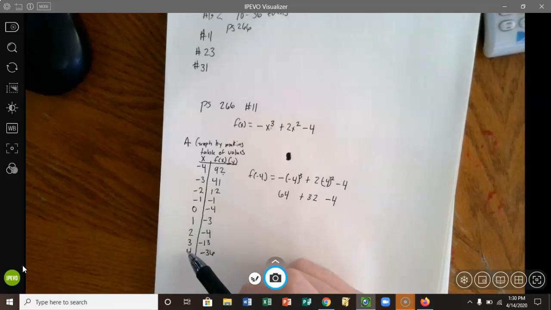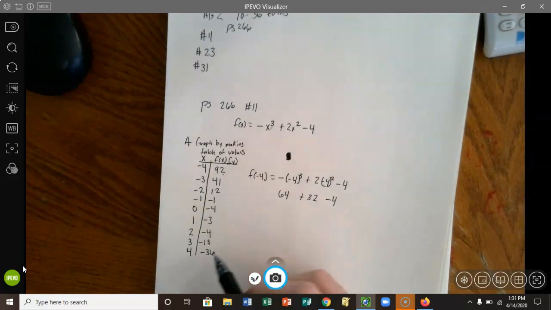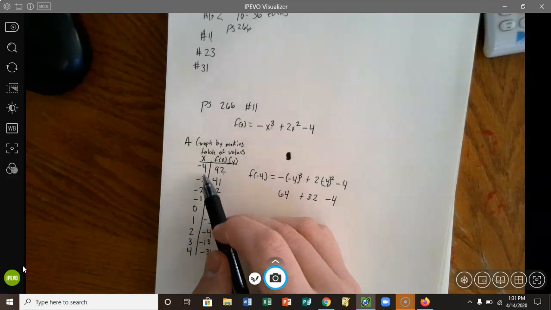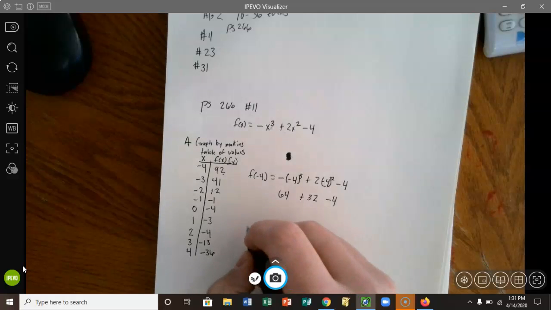But negative 4 to 4 is a good range. It's about 10 numbers. Most of the zeros will appear closer to the x-axis or to the y-axis or the origin. So we should have a good amount of information to answer our questions. So this would be your answer for A. Once again, I plugged in all of my x values to get my f of x or my y values.